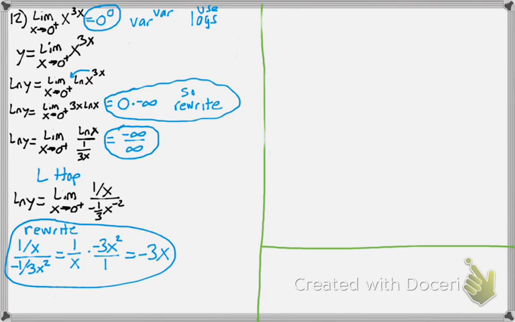So my problem has become ln of y is equal to the limit as x approaches 0 of negative 3x. So if you plug in the 0 finally, then ln of y is just equal to 0. And we're not quite done yet because we are solving for y, not ln of y.